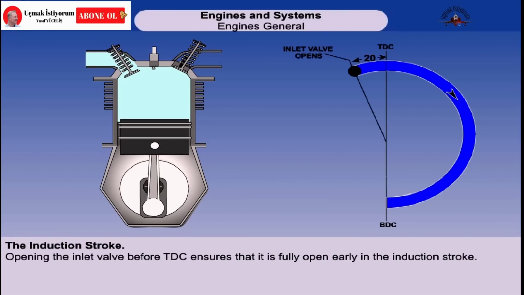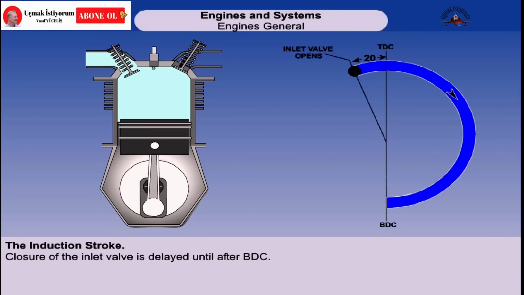Opening the inlet valve before top dead center ensures that it is fully open early in the induction stroke. The time lag, which would normally occur between the piston moving down and the mixture flowing into the cylinder because of the inertia of the mixture, is eliminated. The incoming mixture can thus keep up with the descending piston.